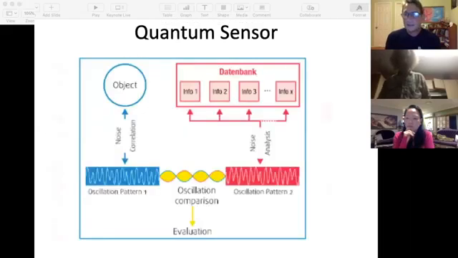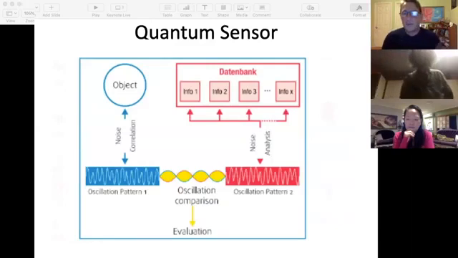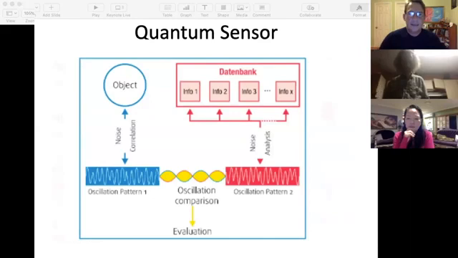Now, this is a little diagram which shows you the quantum sensor. On the left-hand side, I wish I knew how to use a pointer here, but I have no arrow or anything. So on the left-hand side, we have the object, which is us, and we have the Healy, which connects us to the blue wave, which is the information field.